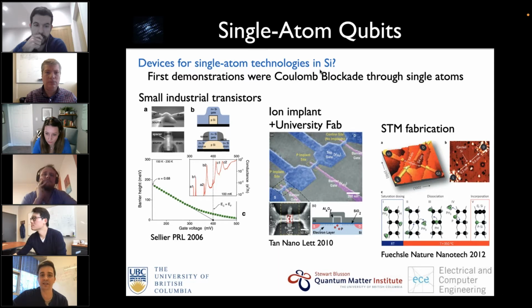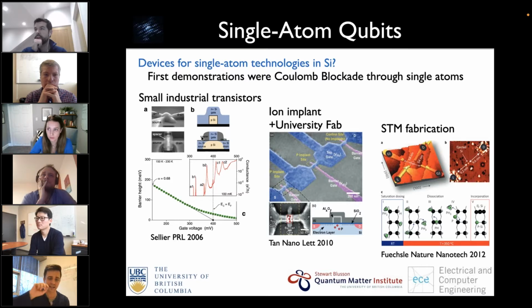What was demonstrated was a phenomenon called Coulomb blockade through these single dopant atoms. Coulomb blockade is a phenomenon whereby electrons flowing through some kind of localized state do so one electron at a time. You can't put two electrons on that site, or you have to pay a price, which is the Coulomb energy.